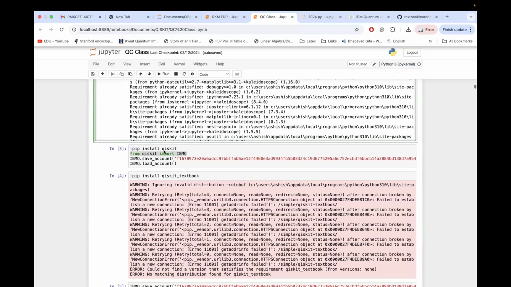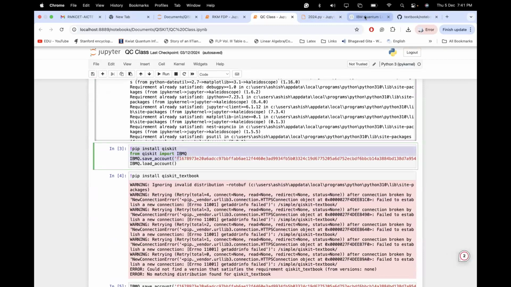Once it is installed, from Qiskit we can import whatever packages we want to work with. For example, here I'm doing from qiskit import IBMQ, and from the license, the IBM token.